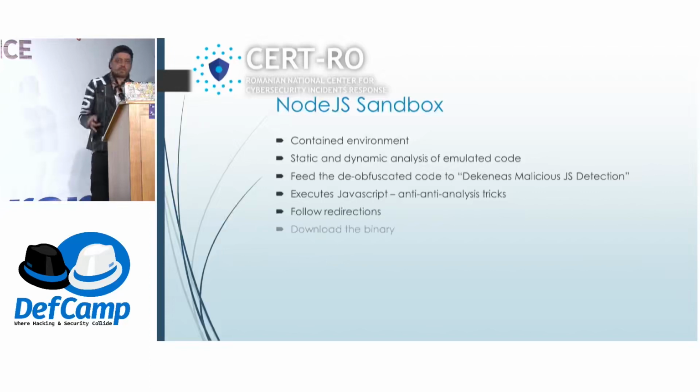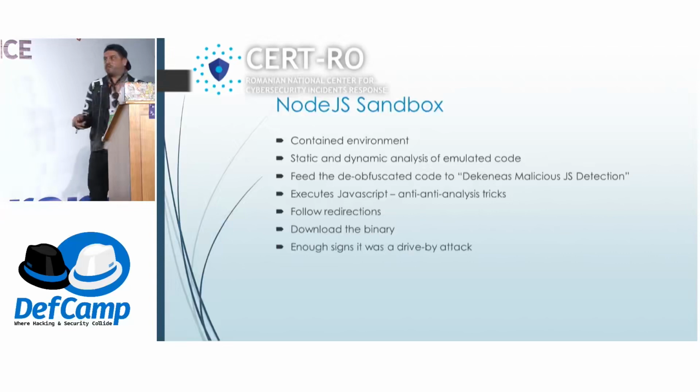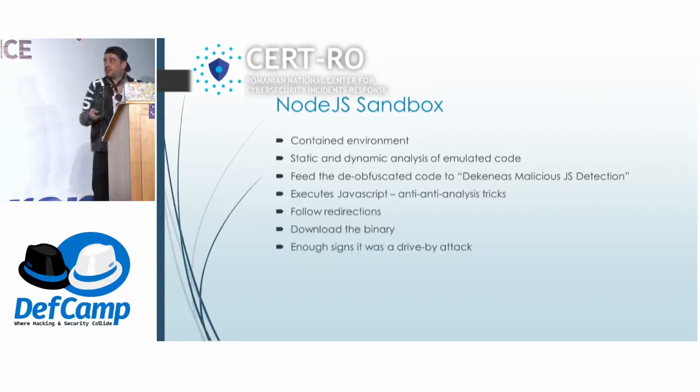It follows redirections. It tries to download the binary, and from this point we can safely say there are enough signs it was a drive-by attack, and the downloaded binary can be further analyzed by a manual analyst or a human analyst or something like this.